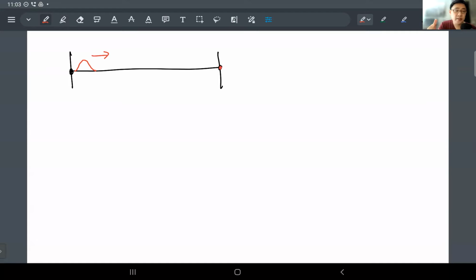Because of the action and reaction at the wall, the reflection will come out in the opposite direction. So if the head goes in, the tail will come out. If it comes in up, it comes out down. We talk about this in terms of phase: the reflected wave is going to have a 180-degree phase difference. But that's not the key point. That's just a story I'm telling you of what happens.